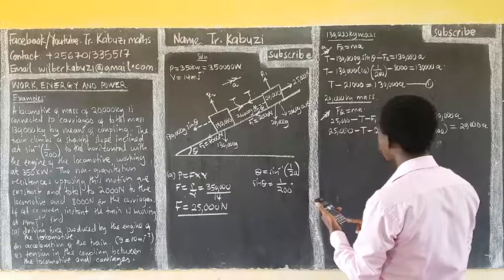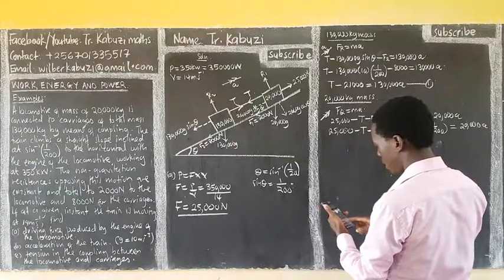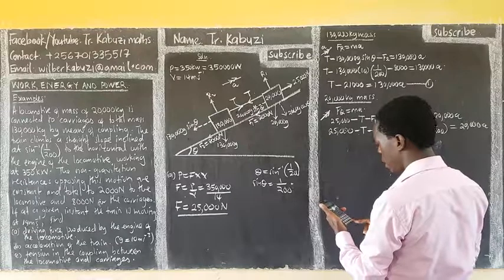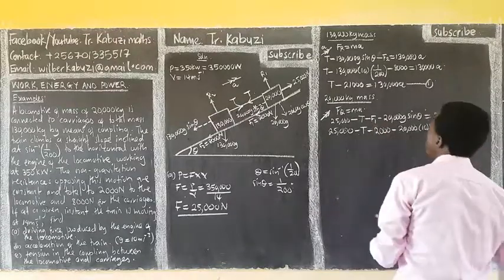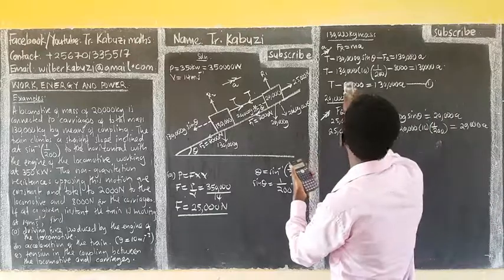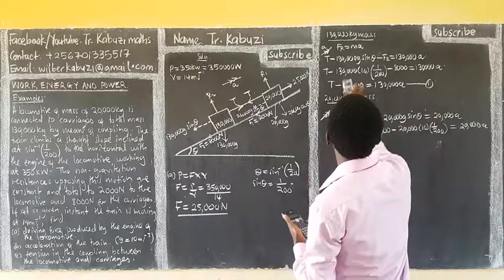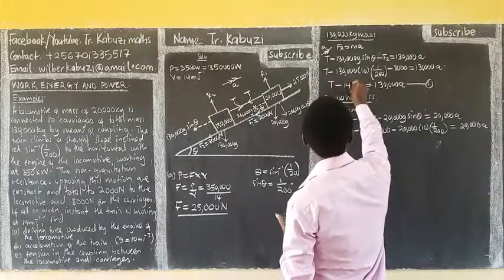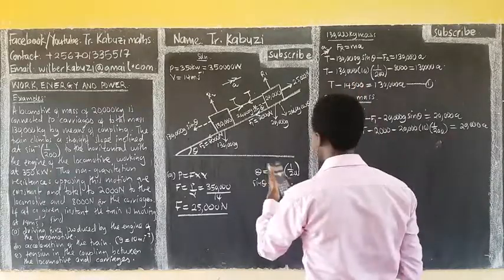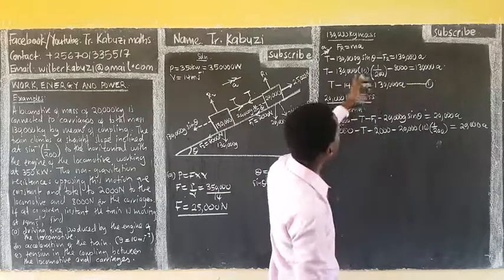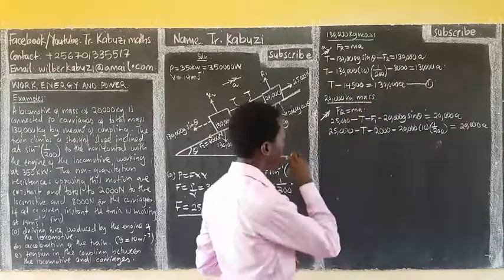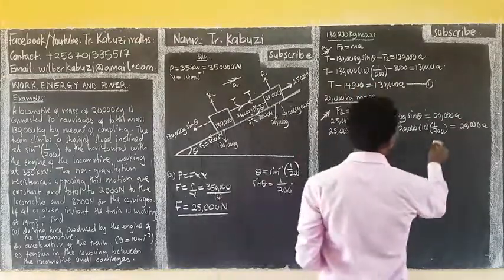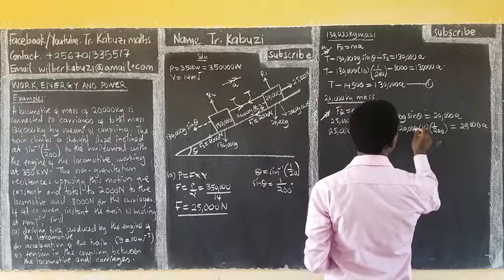Yeah, divide by 200, then this one is supposed to be 1,000. These two are supposed to divide this and then we subtract. From there, you see these two zeros are going to go.